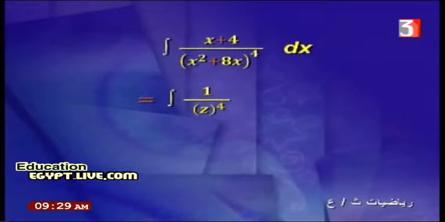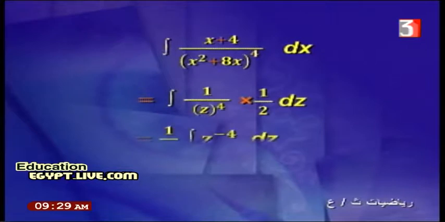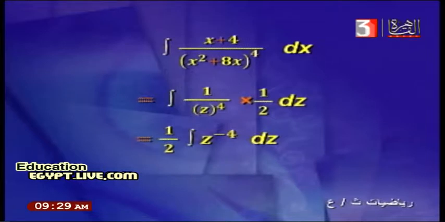Then the integration equals 1 over z power 4 multiply half dz, equals half, which is a constant, times the integration of z power negative 4. We know that 1 over z power 4 equals z power negative 4 dz.